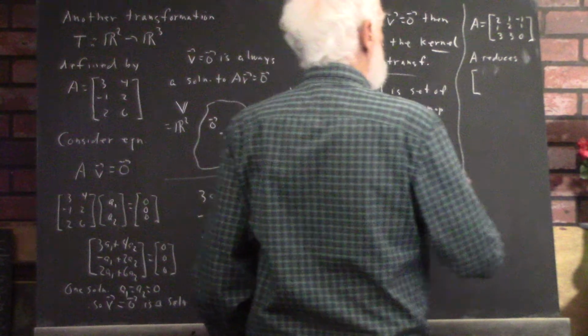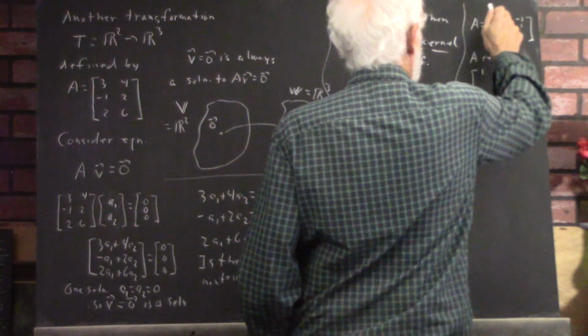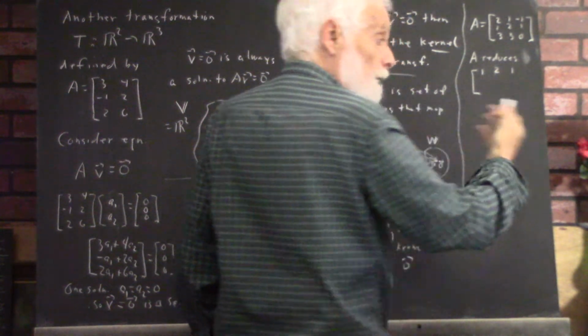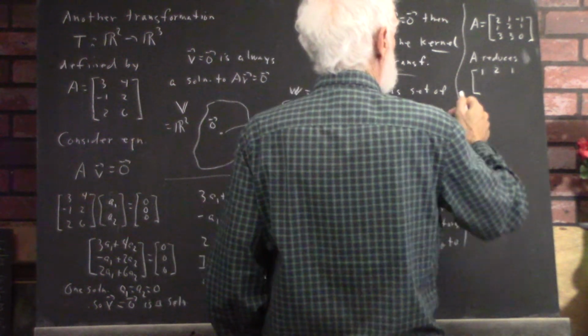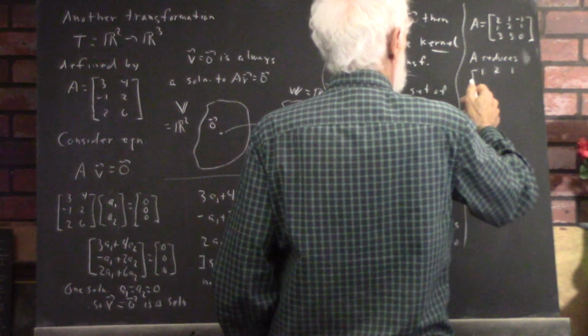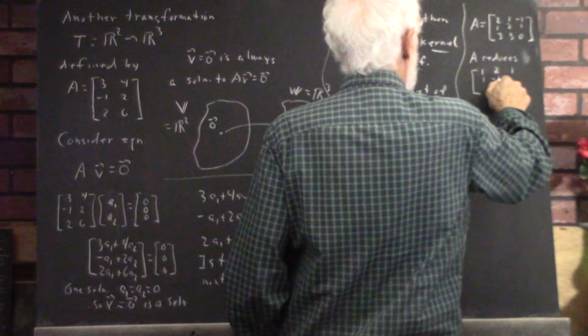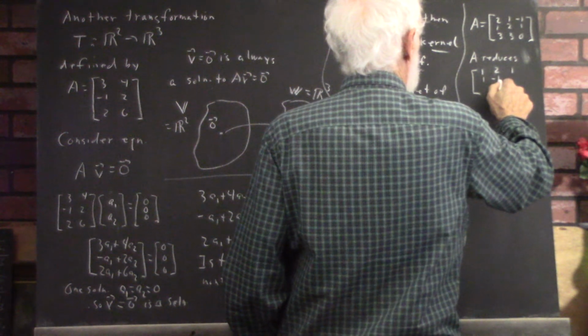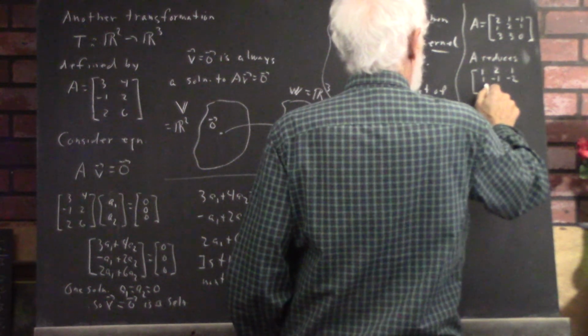Okay, A reduces. We're going to get 1, 2, 1, just bringing this up to this row. And I'm not going to explain the process of reduction. Then we're going to subtract this from the second one, giving us 1, negative 1, negative 2.